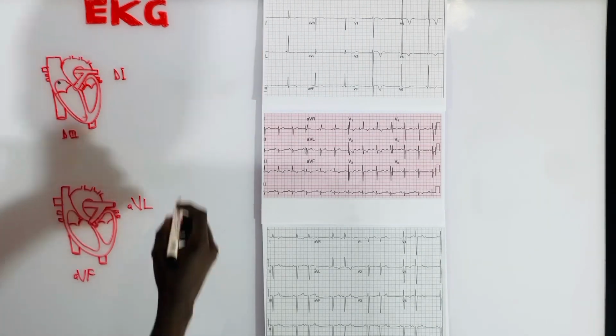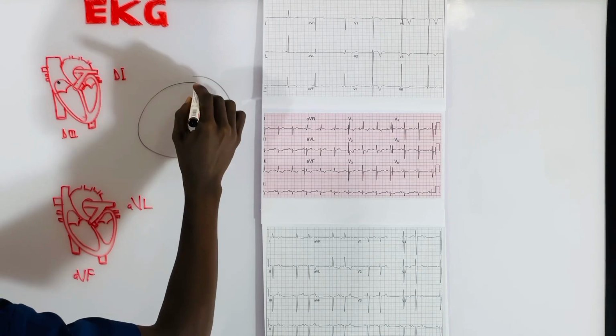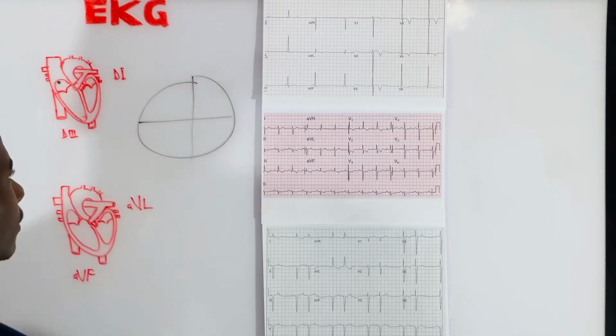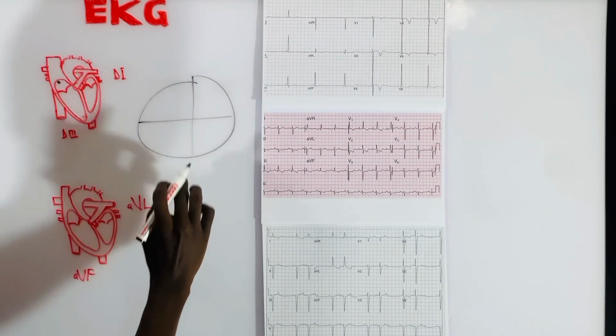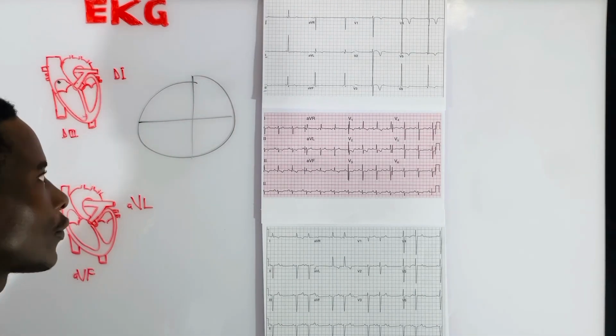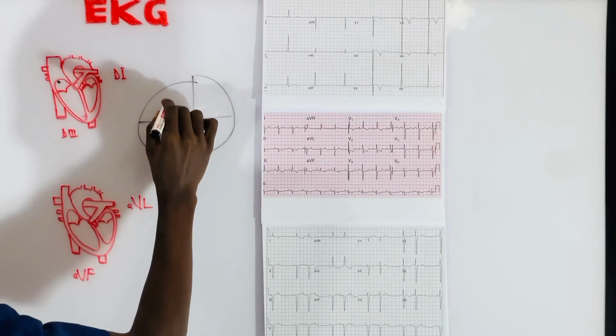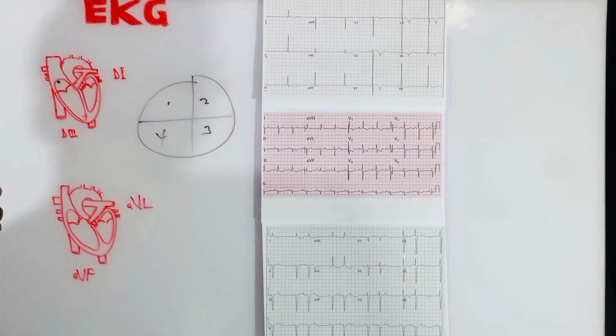Now, if we take the heart and draw a circle around it, and then we divide the circle into 4 quadrants, let's say we have 1, 2, 3, 4.